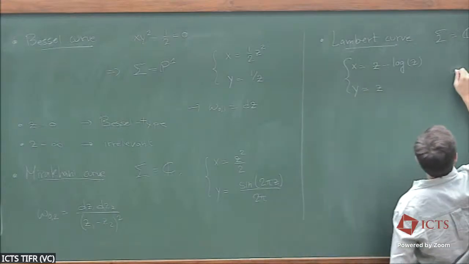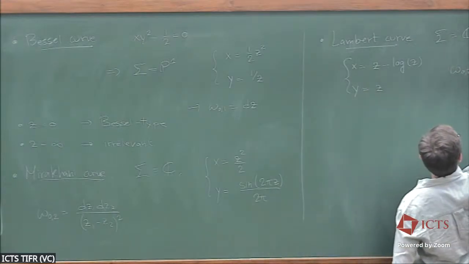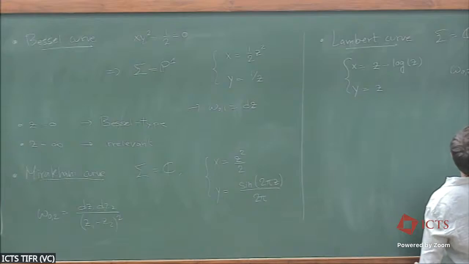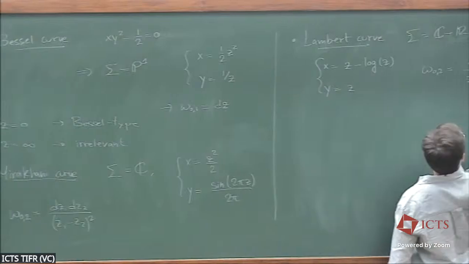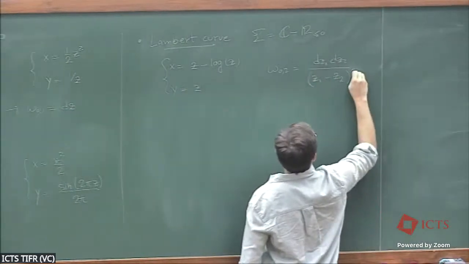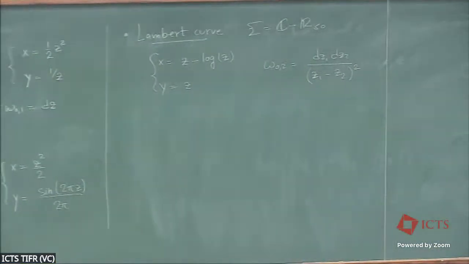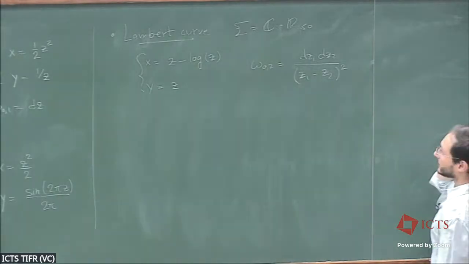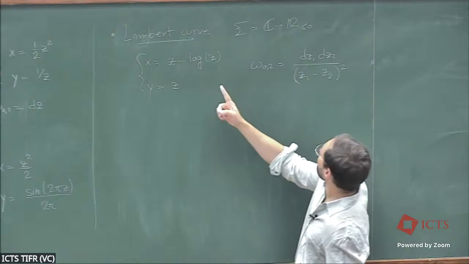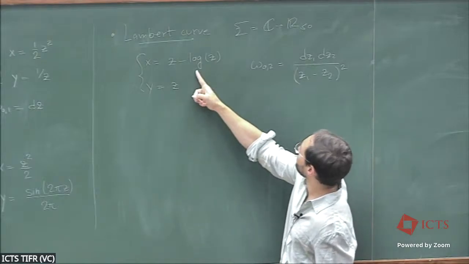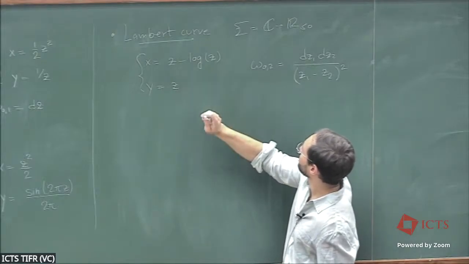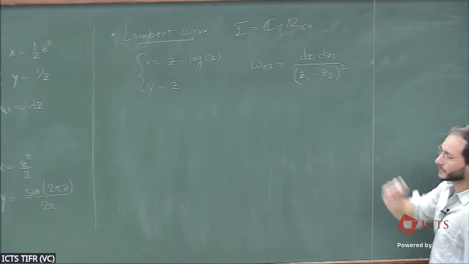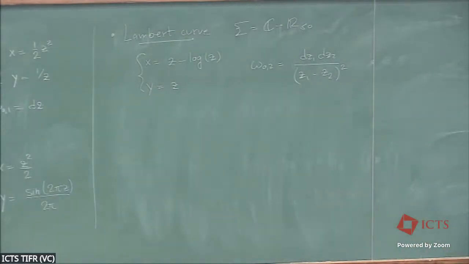And omega 02 is, again, the usual one. And here you can check that the ramification point is at z equal to 1, I believe. I think so. And it's of Airy type once again.